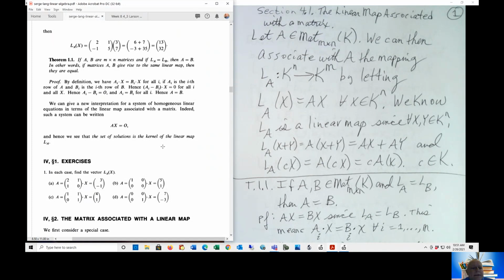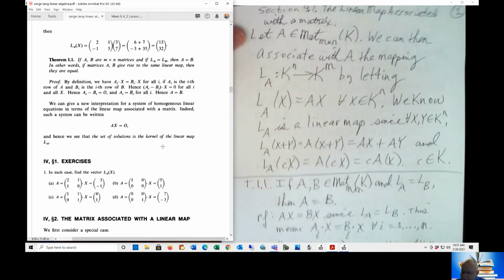It tells us that if you have two matrices, A and B, with the same linear mappings, then it must have been the case to start with that A and B were the same matrix. In other words, it's unique. There's not two of them. And so let's look at the proof of this result.